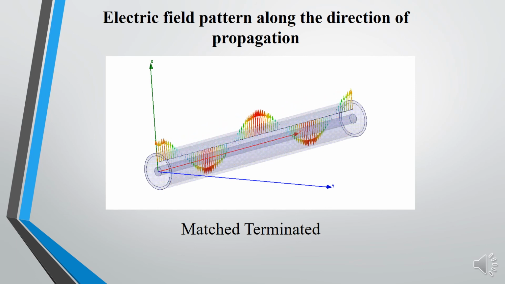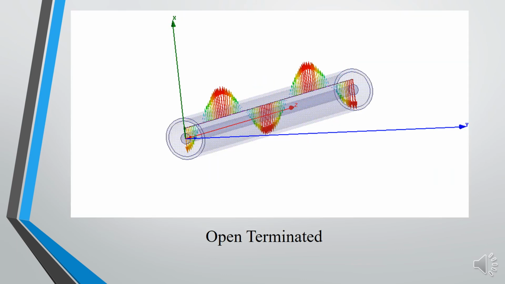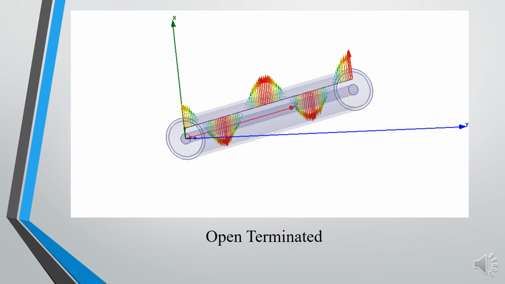So from here, when matched terminated, there is a complete transmission of the propagated wave. From this animated figure, you can see that the incident wave propagates along the positive Z direction, and there is no reflection from the load end, right? Now come to the open terminated condition, where ZL equals infinite.